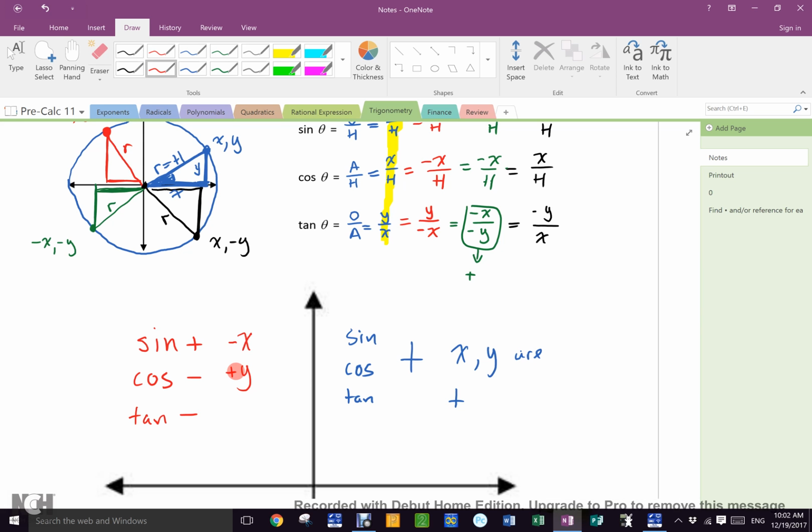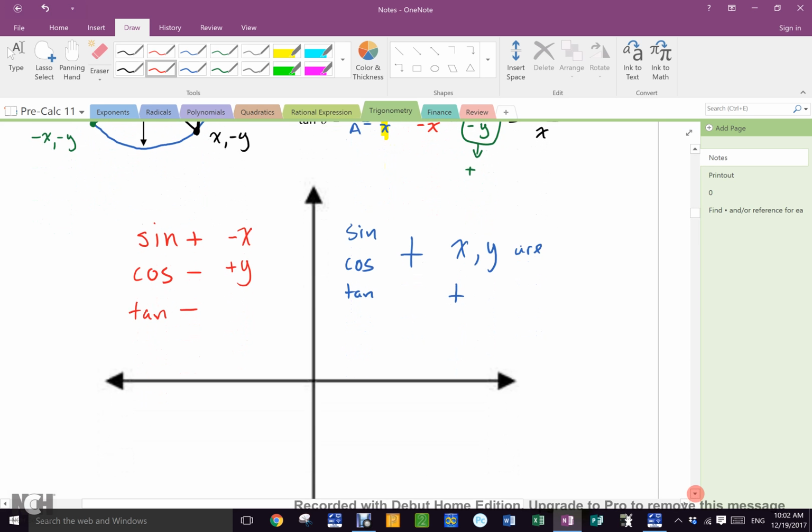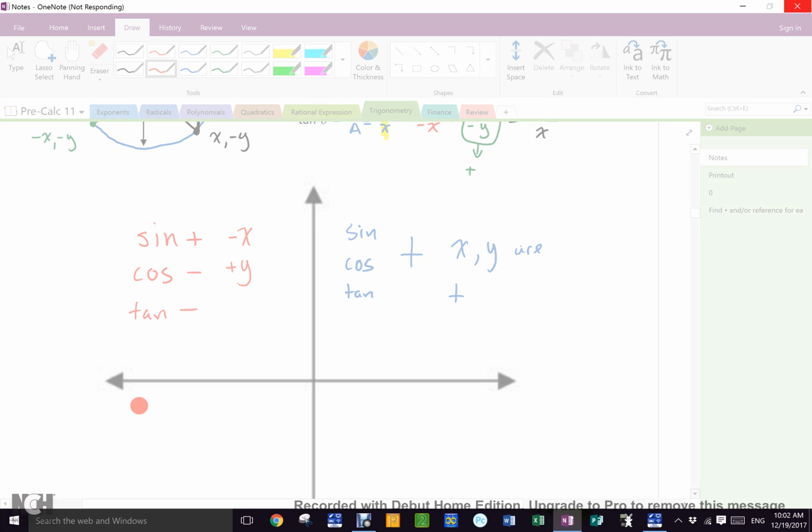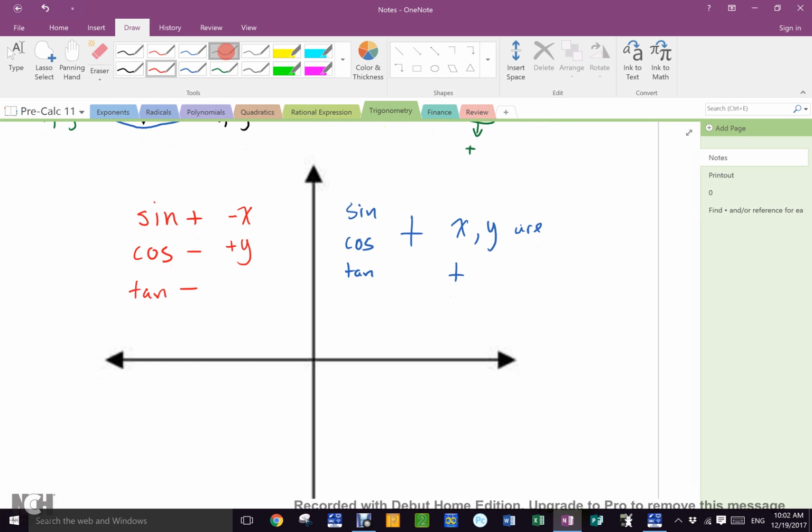Everybody good? Okay, what's happening in the green quadrant? Look again. Oh, all negative except for tan. There you go. Sine is negative, cos is negative, and tan is positive because negative x and negative y.